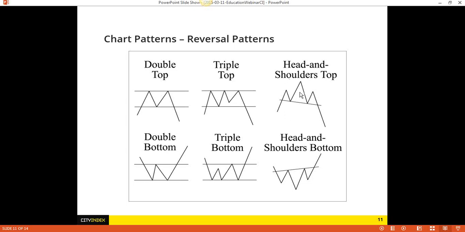Now let's take a look at head and shoulders tops. This is the same thing. So what is this saying? Basically it's saying the market makes the top there. It hits another top that's even higher than the first one. And then it tries again, but it fails. It fails to make higher highs. It fails to even match the previous high.